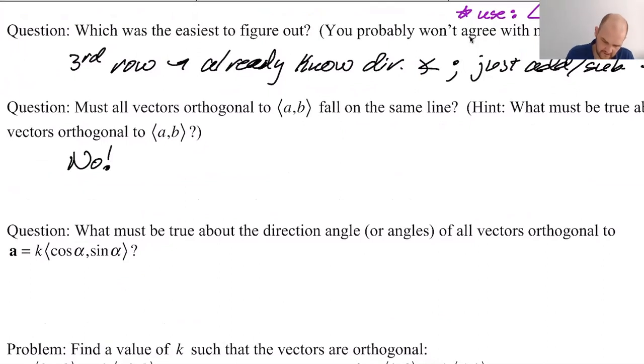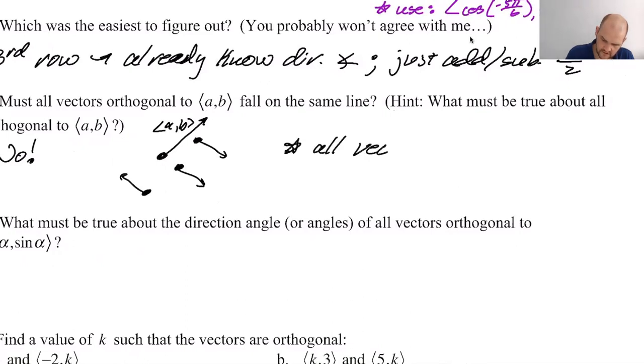So what does need to be true about them, though? If this is AB, then this would be orthogonal. I don't think I'm doing a good job of drawing orthogonal things.